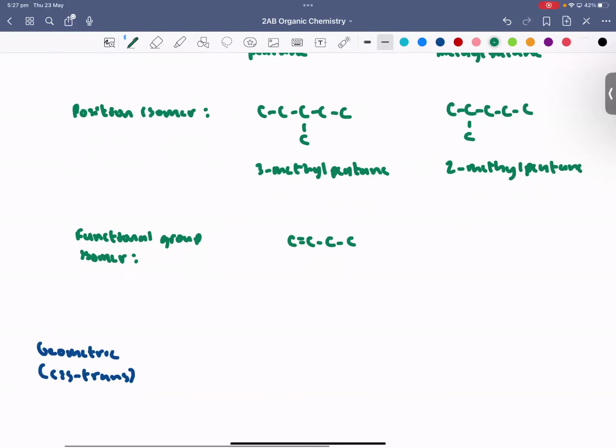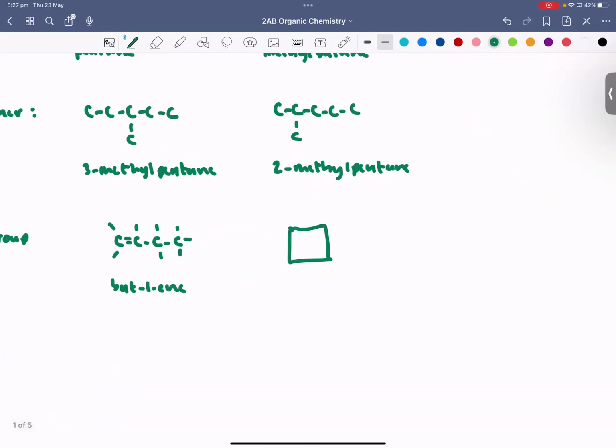Double bond here, and then fill it up with H's. 1, 2, 3, 4, 5. What's this? But-1-ene. Whereas, what's this? What's this meant to represent when you draw a square? Cyclobutane, right? They're both C4H8 at the end of the day.